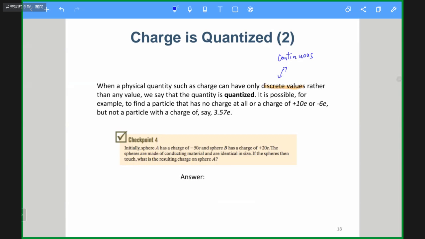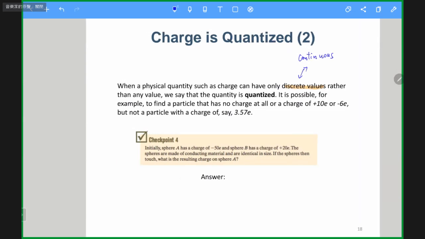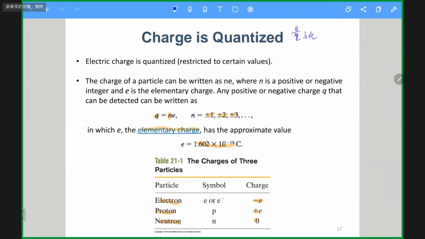It doesn't make sense. But for the charge, if there are lots of charges, then it feels like it's continuous. But when we really need to separate into the fundamental charges, we cannot. The smallest amount can only be 1.6 times 10 to the minus 19.